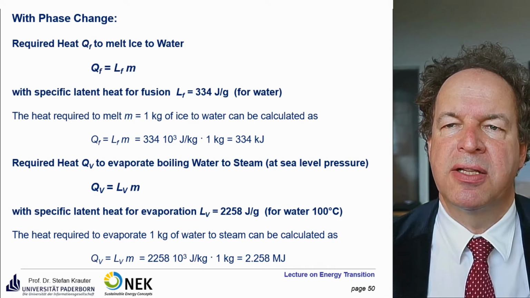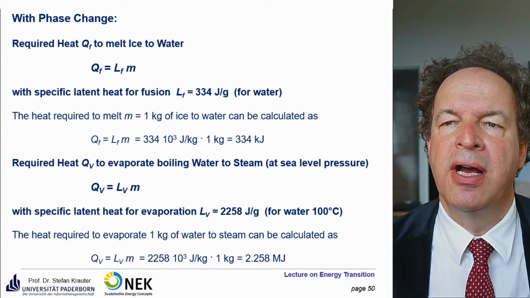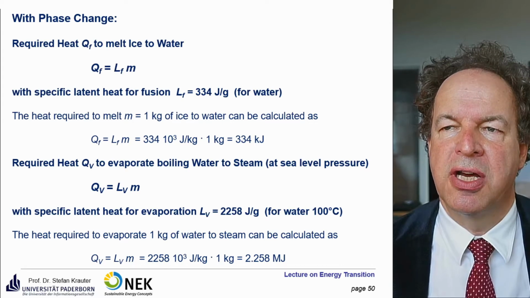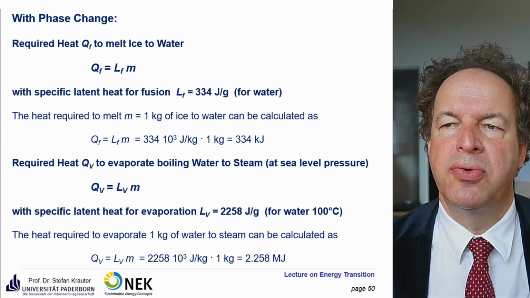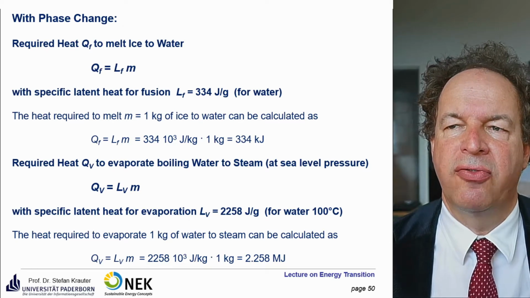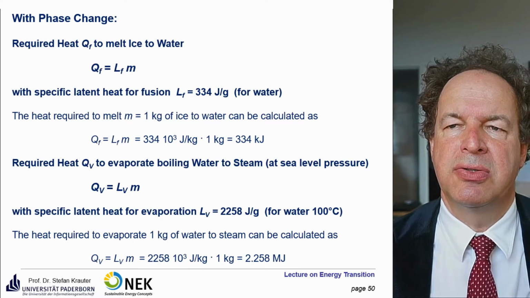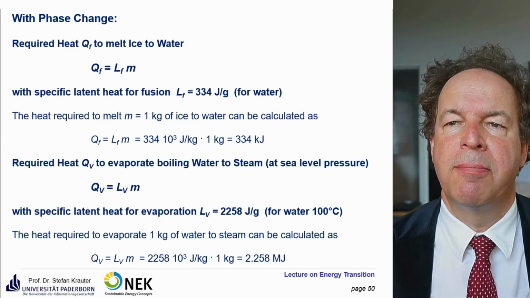This takes place at a constant temperature of 0 degrees, and that is 334 joule per gram. So it's quite a lot. If you compare it to the 4.18 joule per gram Kelvin that you have for heating it up, this is equivalent to quite a big temperature difference.